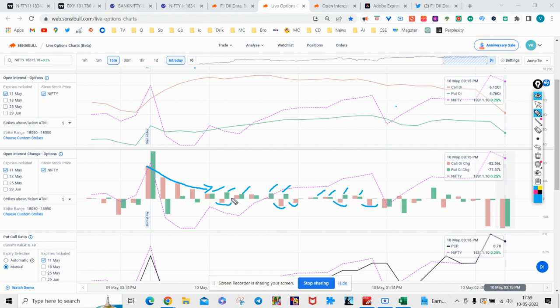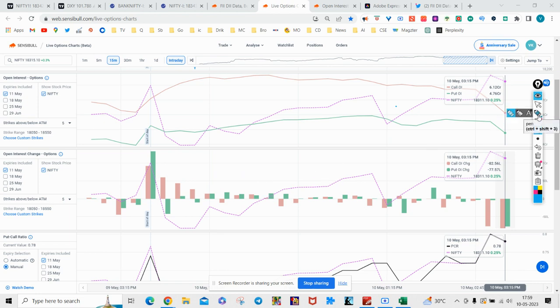So I hope the point is conveyed. When the market is going down, is it going down with increasing call writing? If it is going down with increasing call writing, then it means that the fall will be more.